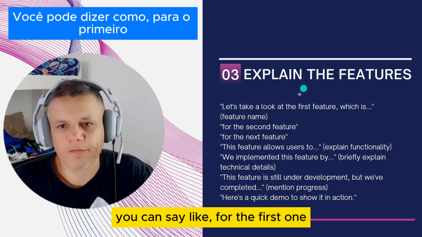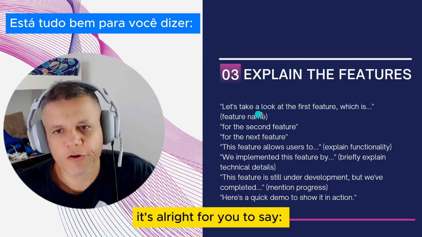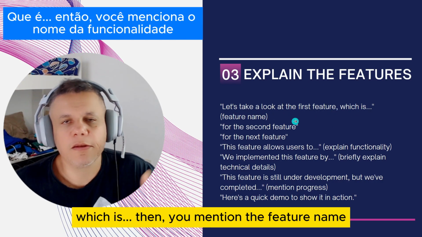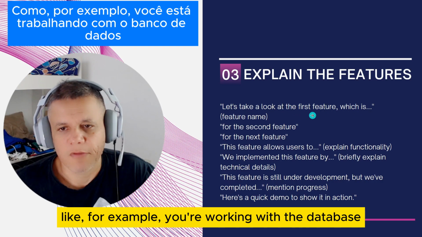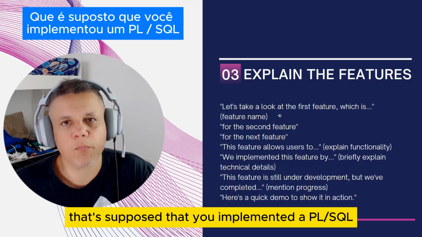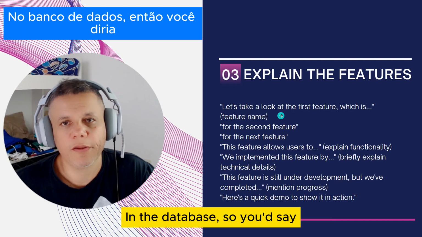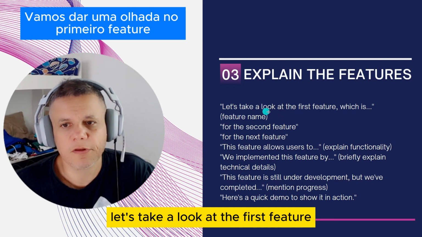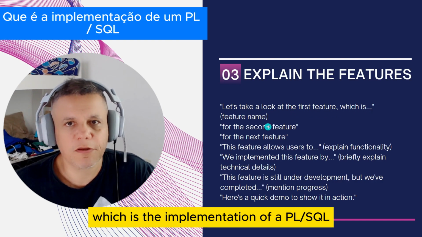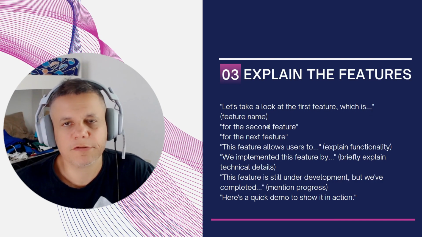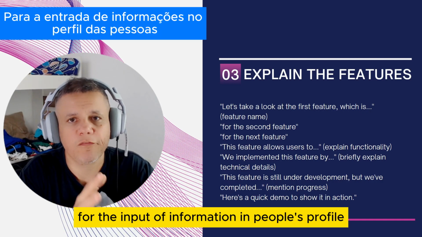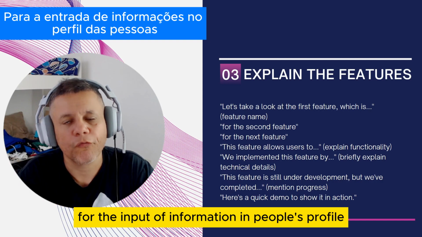For the first one, it's all right to say, let's take a look at the first feature, which is, and then you mention the feature name. For example, you're working with the database. Let's suppose that you implemented PL/SQL in the database. So you would say, let's take a look at the first feature, which is the implementation of PL/SQL for the input of information in people's profiles.